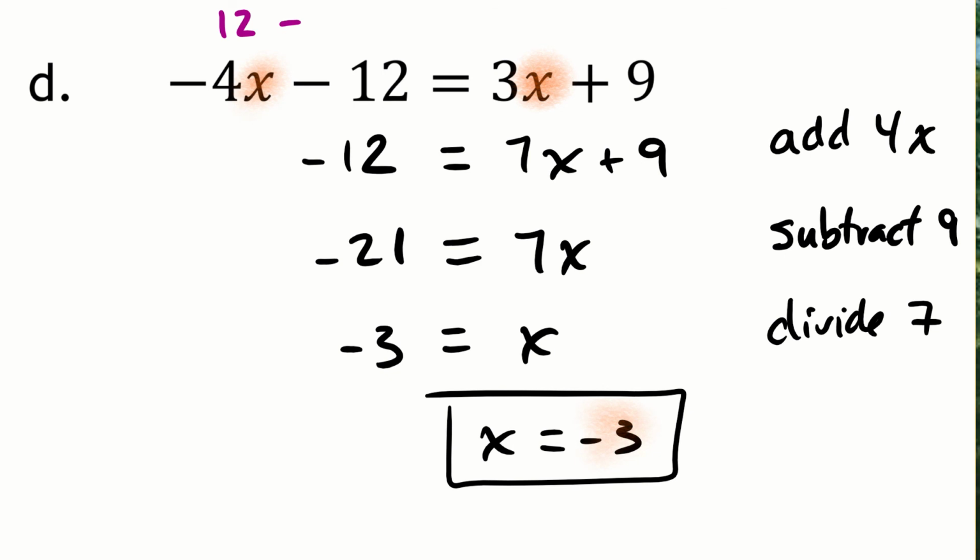And then I have a minus 12. So this becomes 12 minus 12, which is 0. Over on the right-hand side, I have 3 times that negative 3, which is going to be negative 9. And negative 9 plus 9 is also 0. So you can see when I place negative 3 into the original equation, it makes both sides equal to 0. So yep, it is the solution.